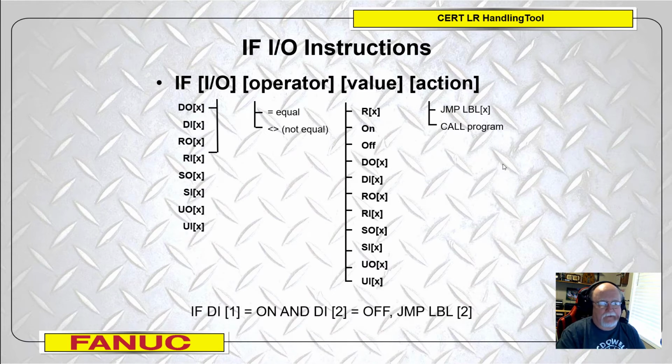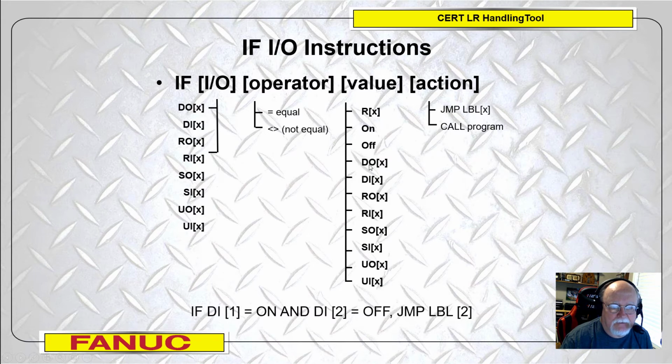And so then we have the if IO instructions, and we use those for our final lab. So if we have a digital output, digital input, a robot output, a robot input, so on and so forth, whatever we set that to do, we want it to be equal to or not equal to. And then we set a value, either something that's stored in a register or a hard on or off for a digital input, for example.